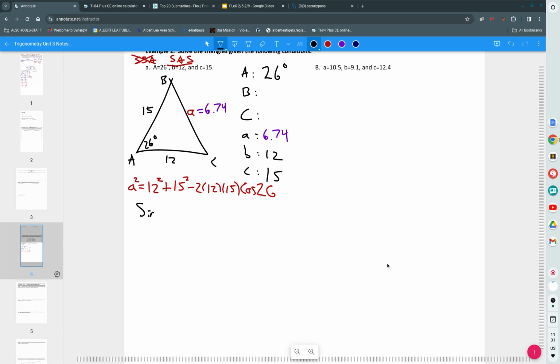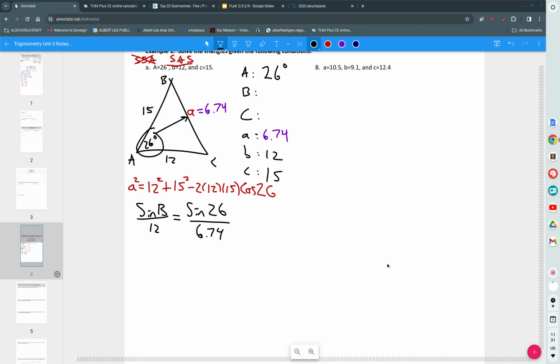I have the sine of what over what? Okay, sine of B over 12 is equal to the sine of 26 over 6.74. Again, you want to use an angle and its opposite side every time you're using the law of sines.